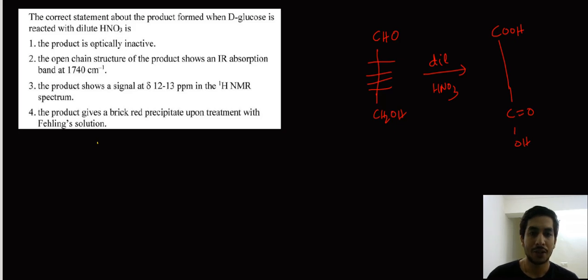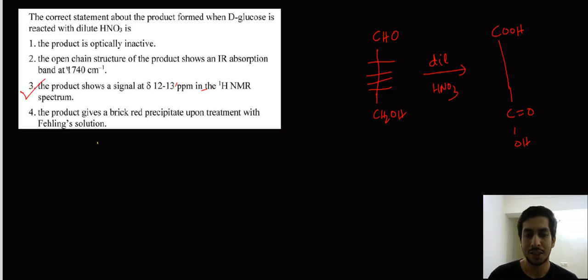Now the question asks which of the following statements is correct. The third option says that the product shows a signal at 12 to 13 ppm in the proton NMR spectrum. This 12 to 13 ppm belongs to the acidic proton of the carboxylic acid, so this option is absolutely correct.